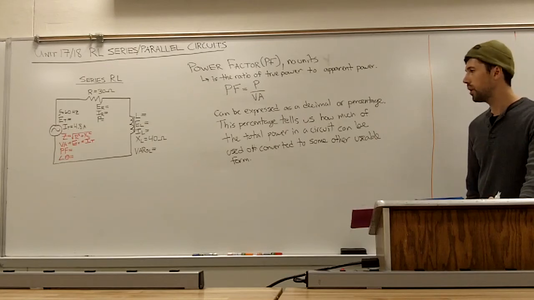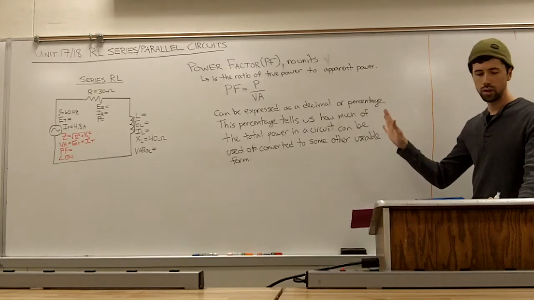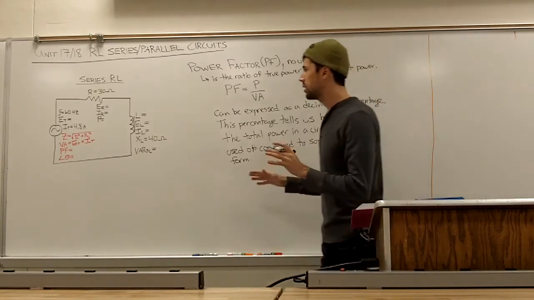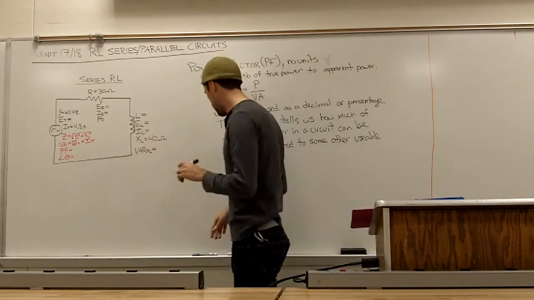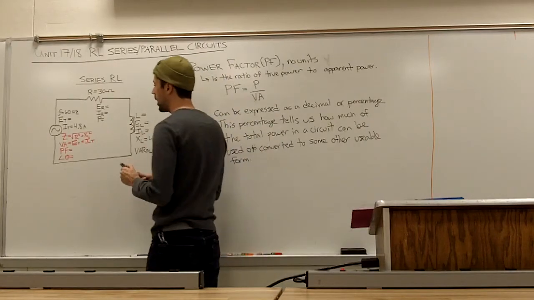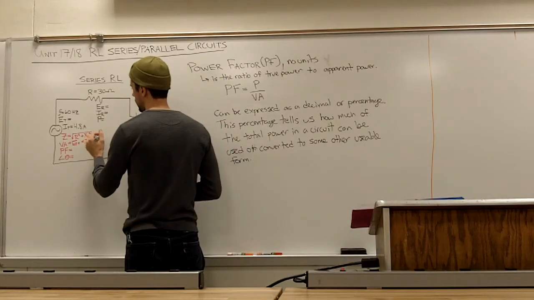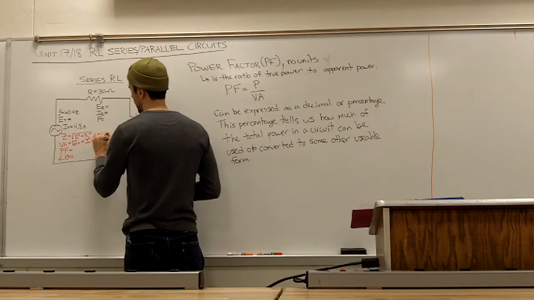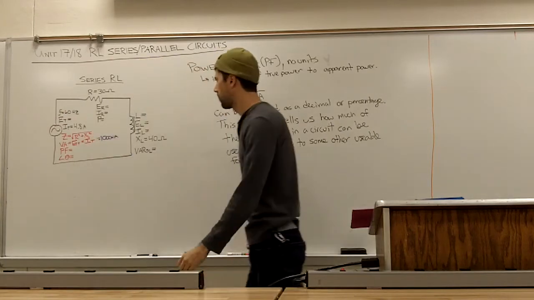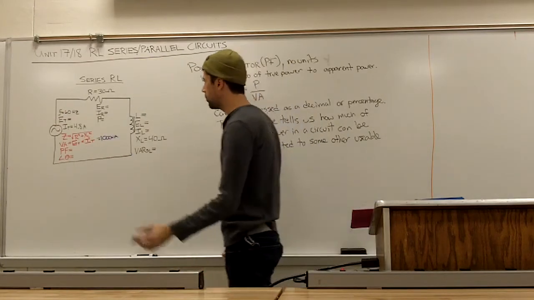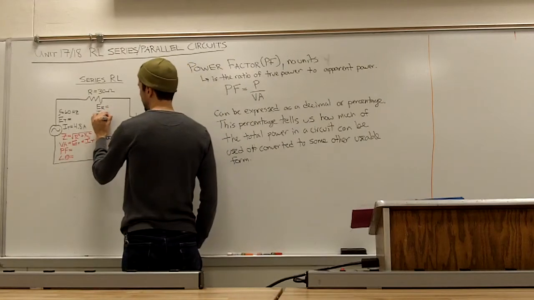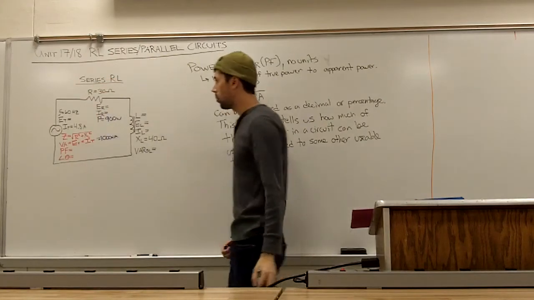So one way to think about this, actually before I get to this analogy, first let me talk about a circuit. So let's just say some circuit, we have some total apparent power in the circuit being produced is 1,000 volt amps. And the true power P is 900 watts.